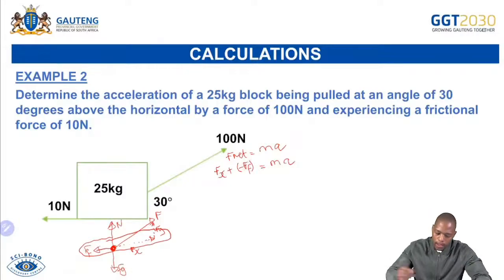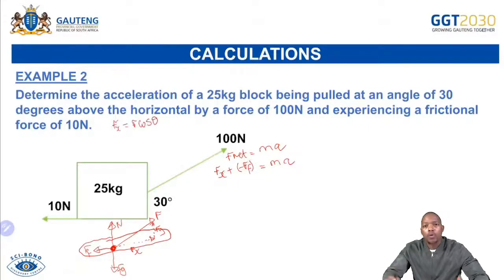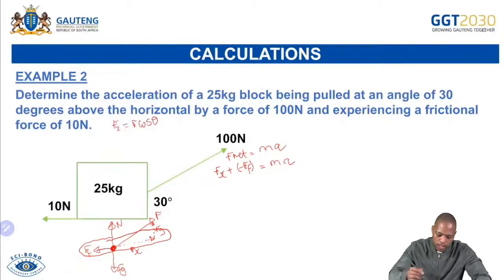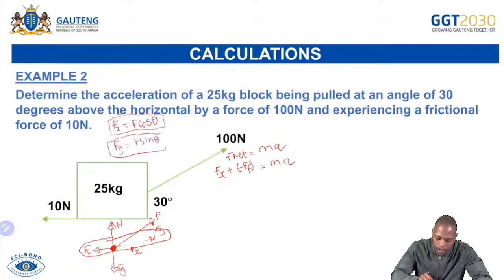Okay, now if you remember from last year when they taught you the components, you learned that Fx is given by the formula F cos of theta. There was all this triangle that was showing you using the trigonometric ratios, your SOHCAHTOA, how we eventually get to F cos theta, right? But it is just important that we know the formula for Fx is F cos theta. And the formula for Fy is F sine of theta, if we ever need it.